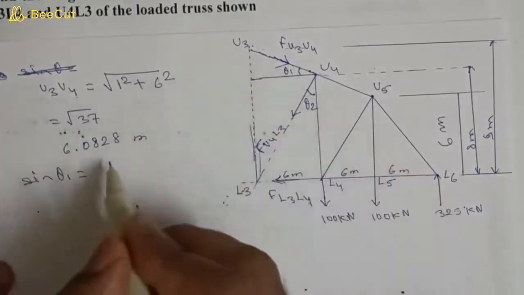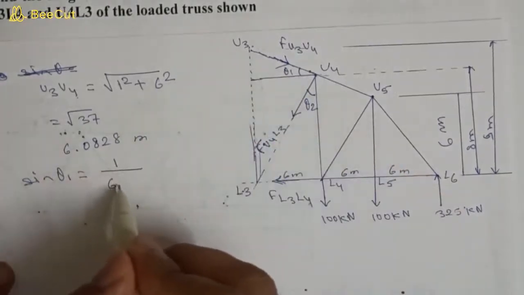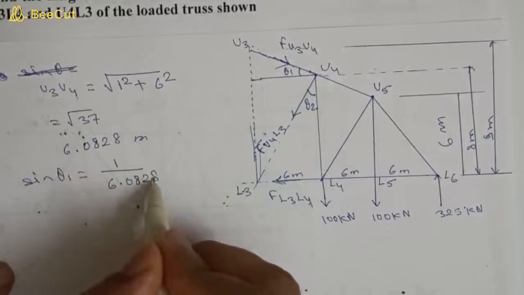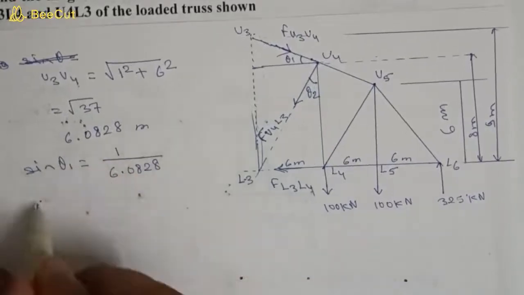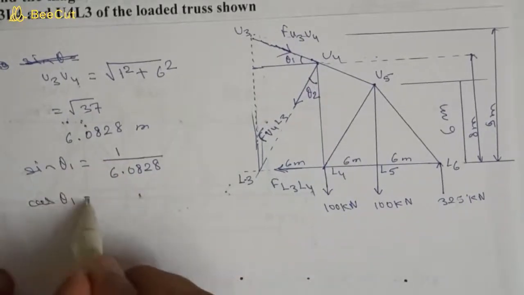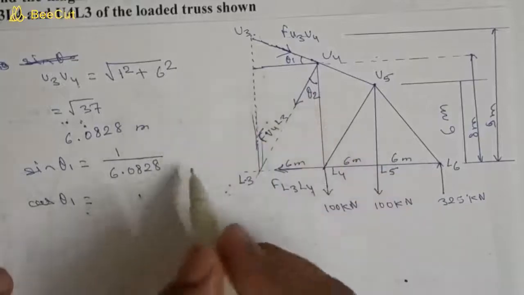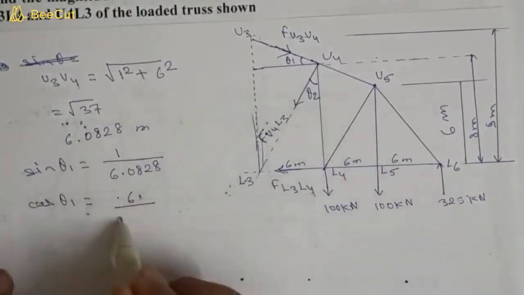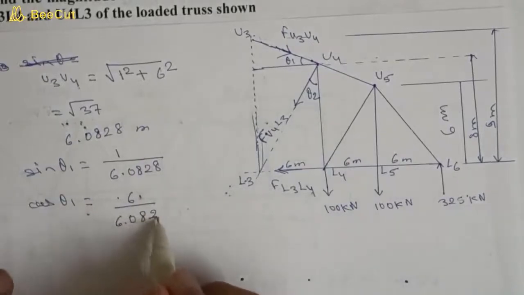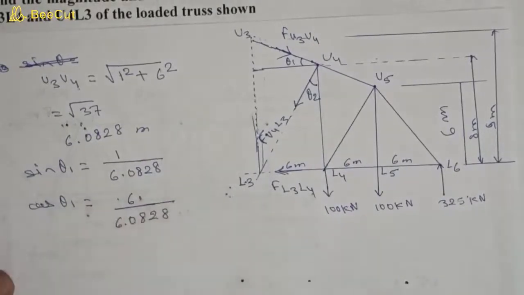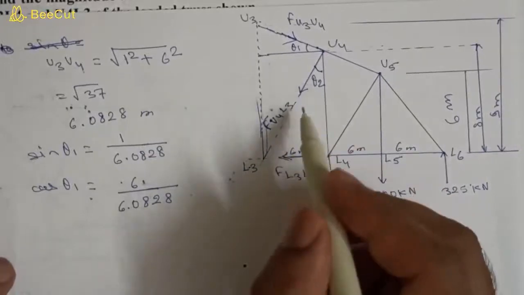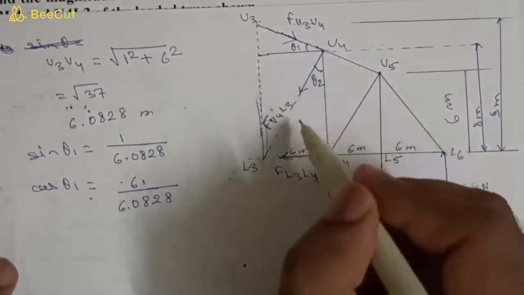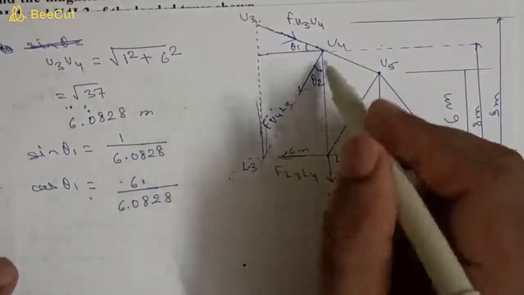Okay, so sin theta 1 will become perpendicular upon hypotenuse, so it will become 1 upon 6.0828, and cos theta 1 will become base upon hypotenuse, so it will become 6 upon 6.0828. Okay, now we will find theta 2. So you can see that theta 2 is this length L3 u4.